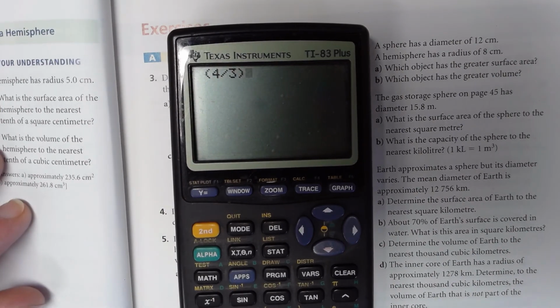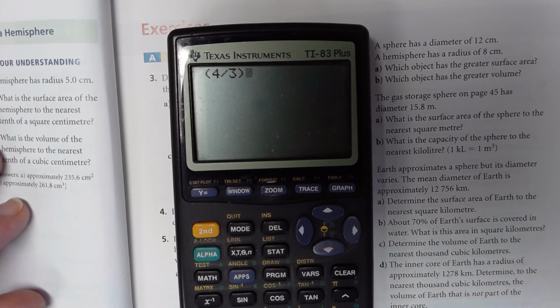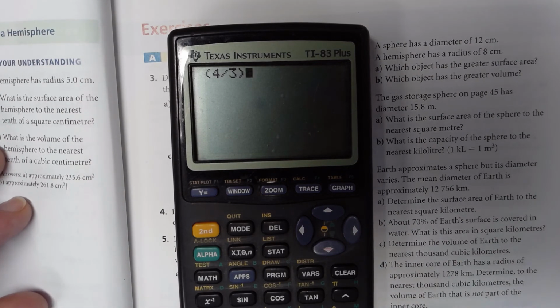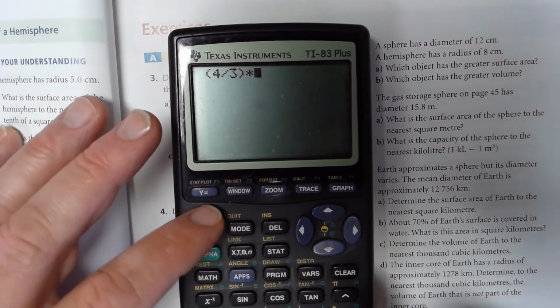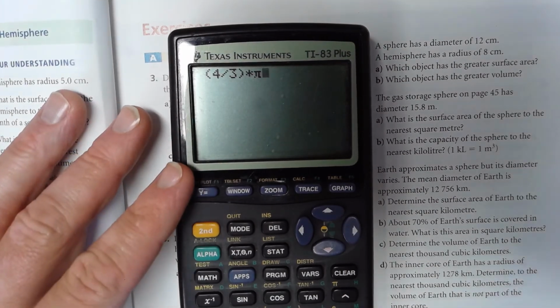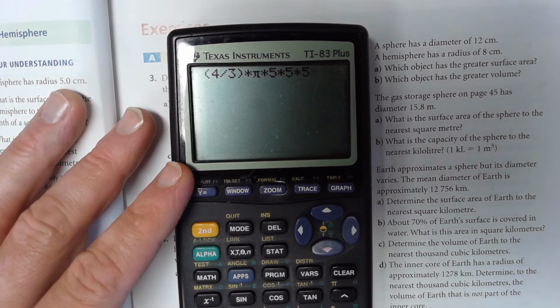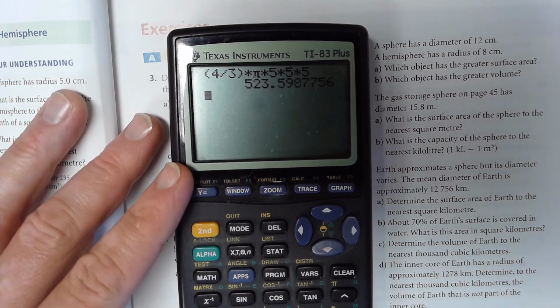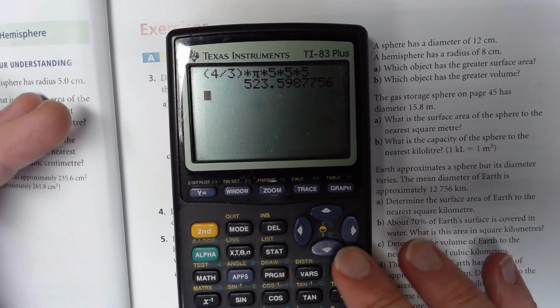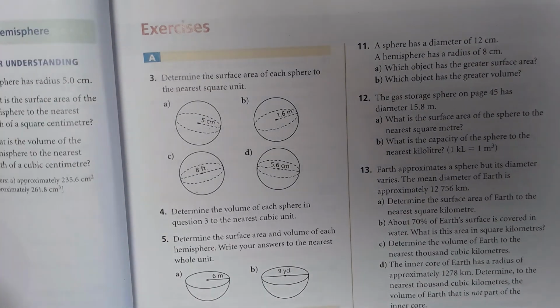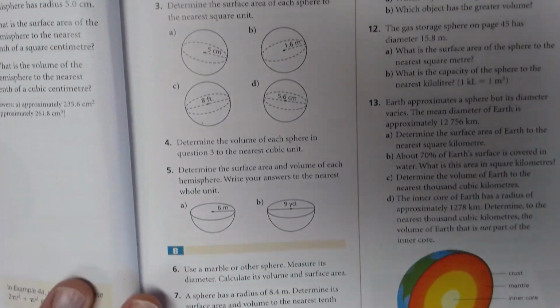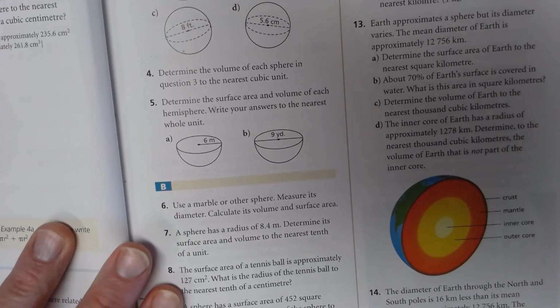That's how you set up that 4/3 for the volume. So for this one, I do 4/3 times pi times 5 times 5 times 5. And that's your first one. So that first sphere has a volume of 523.6.